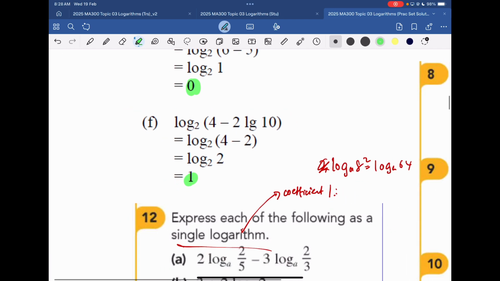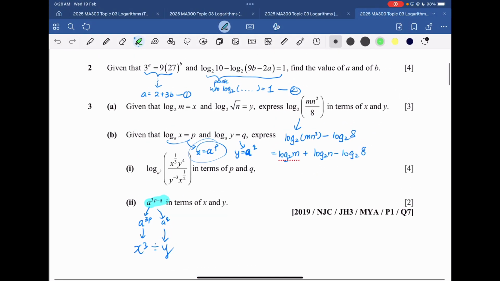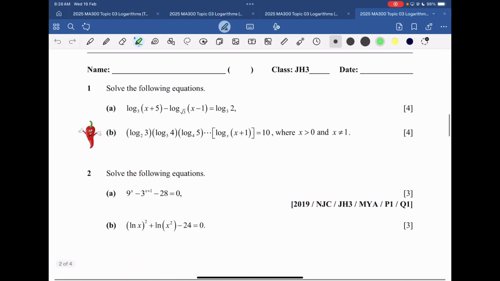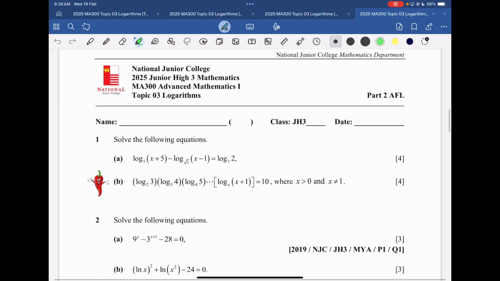Okay, so now let's go to the AFL. AFL 2. Have you all done this before? No. Do you know why or not?